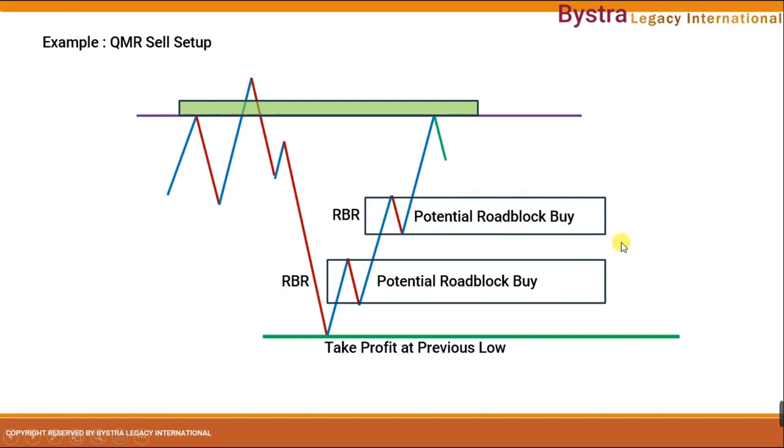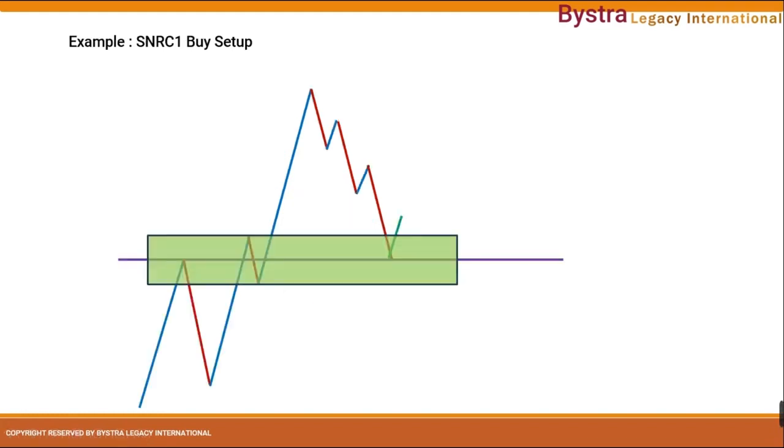Okay guys, let's have a look at the next example. Here is another SNRC1 buy setup. We have the capital letter A aligned with our entry point, which is the rally-base-rally. We mark the base candle, and the capital letter A is in the base candle, which is our entry point.